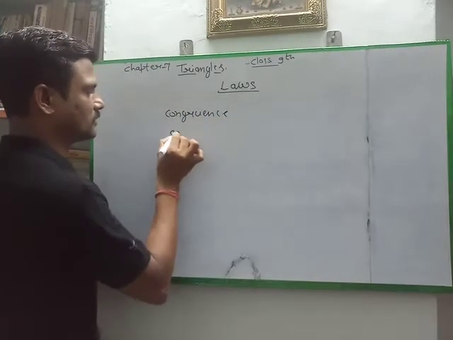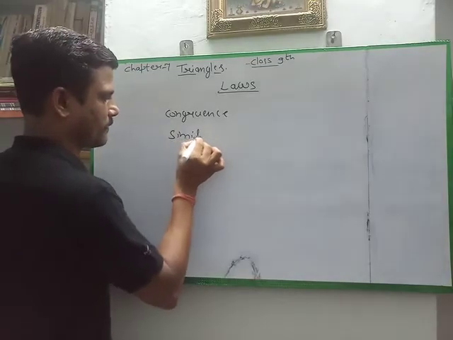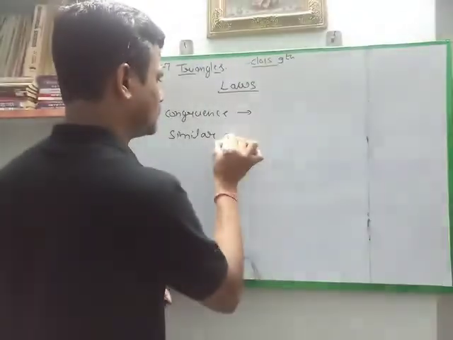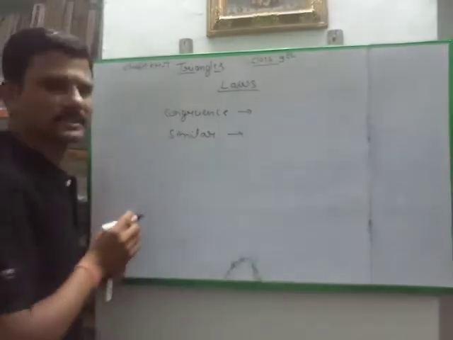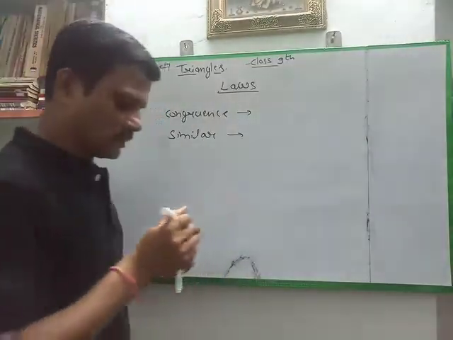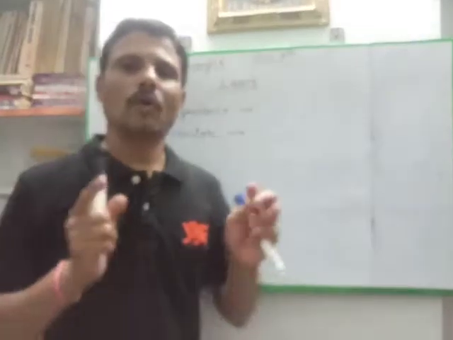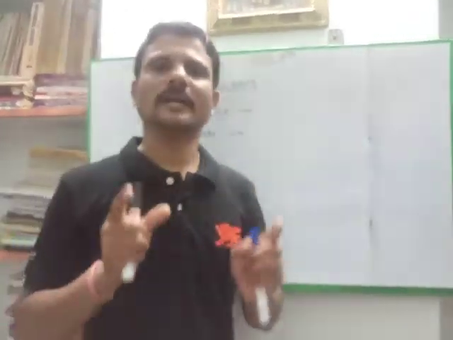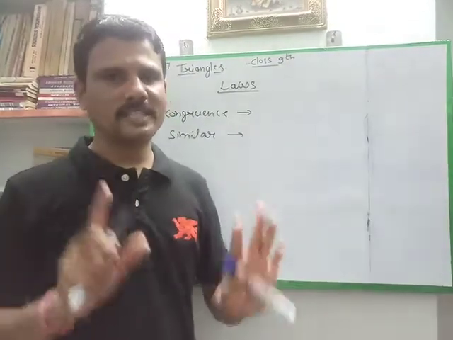We will use two words: congruence and similar. Congruence means two figures that overlap each other, that is, figures that are perfectly the same.